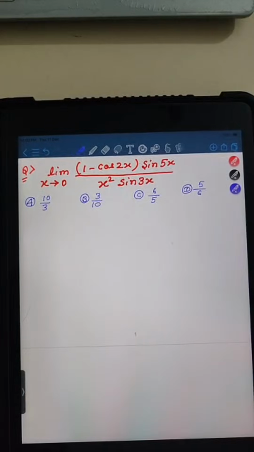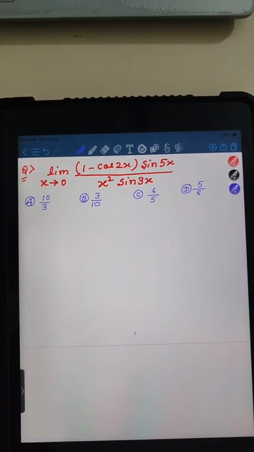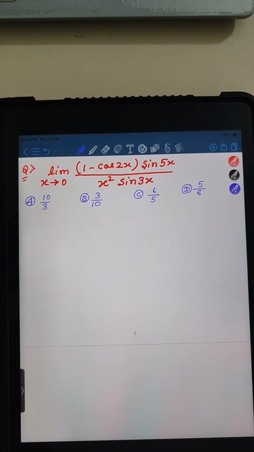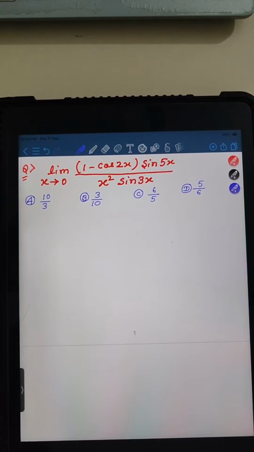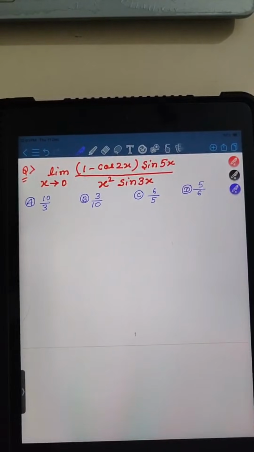This is a very good question because you can expect this type of question in your GATE exam. Do you want some hint on this question? You can use the limit of sin x upon x as x tends to 0 is 1.